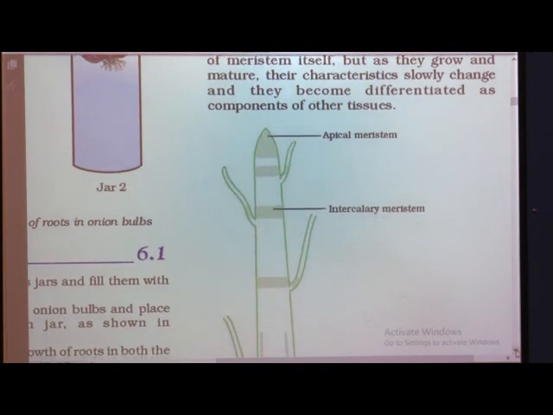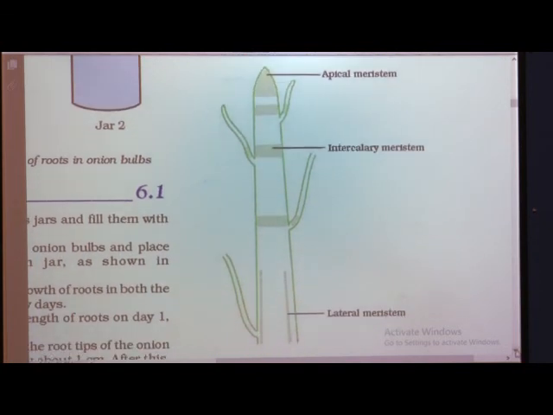Now, in this figure you can see the meristematic tissue, and these are the different parts of it. The apical meristem is present at the tip, and it is responsible for elongation, meaning the length of root and shoot grows because of its presence.